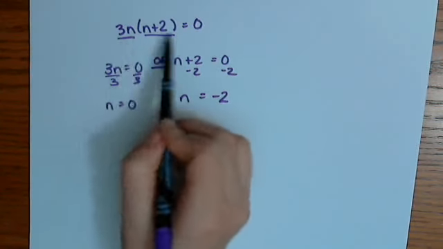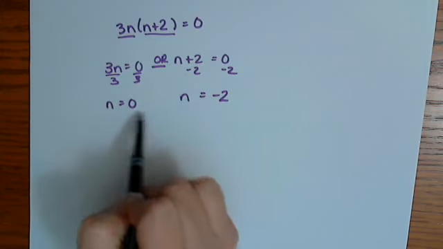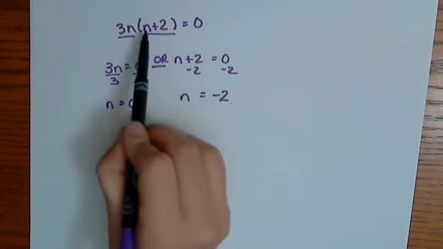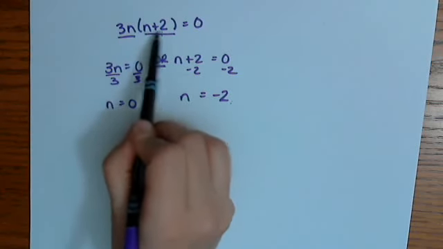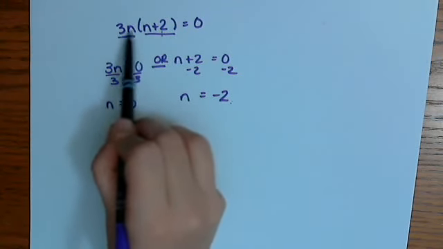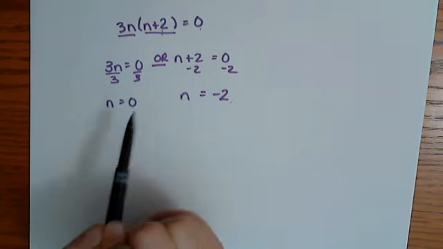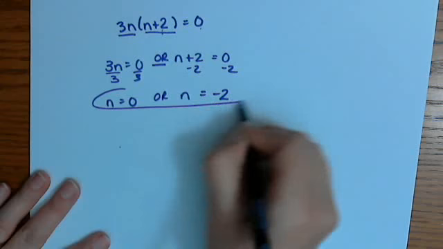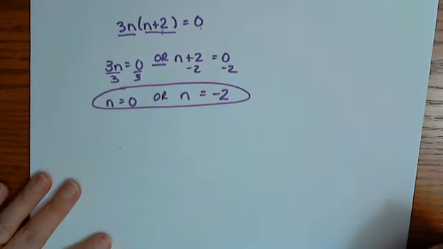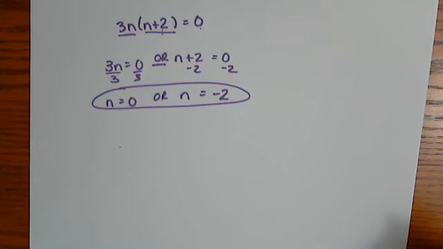This whole thing will be 0 if n is equal to 0, or if n is equal to negative 2. Negative 2 plus 2 will give you a 0, and 0 times anything has to be 0. So two answers for this kind of problem. Pretty interesting. Can you imagine having one problem with two answers?